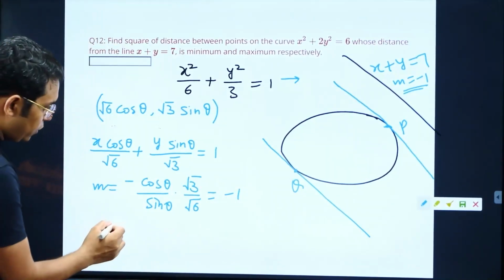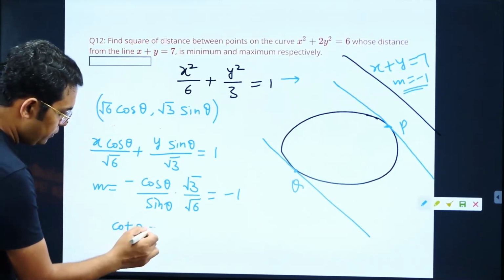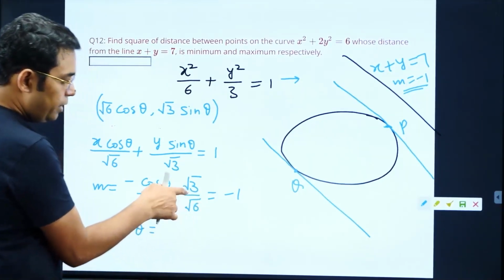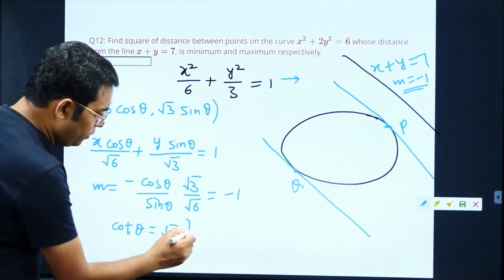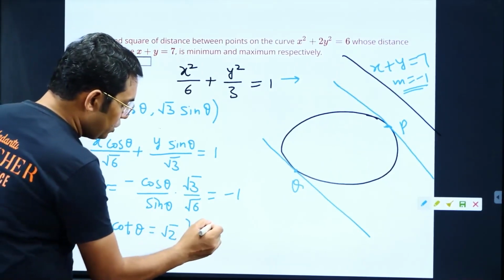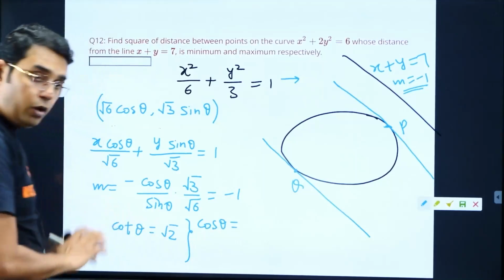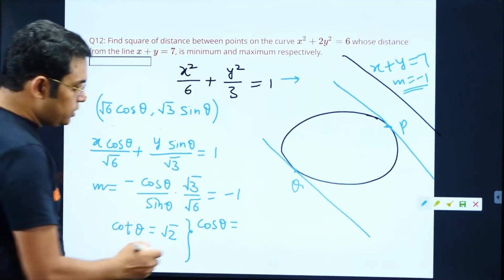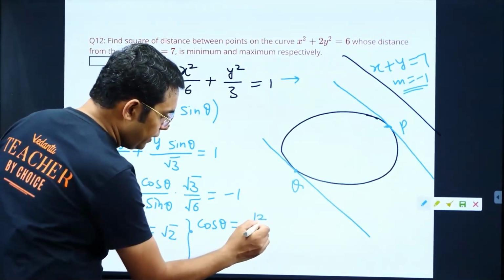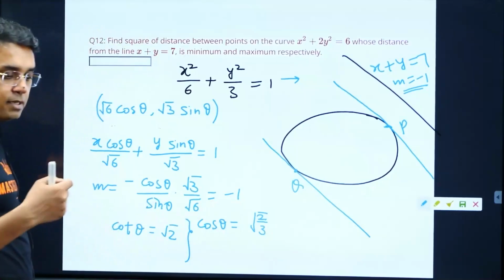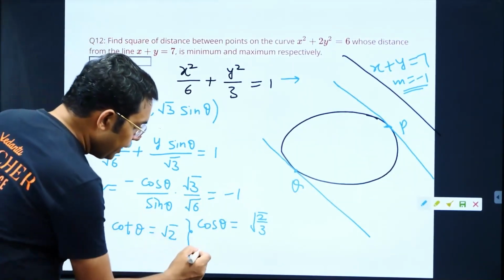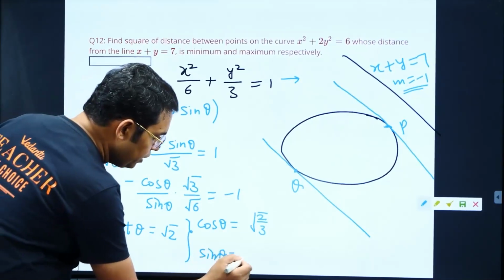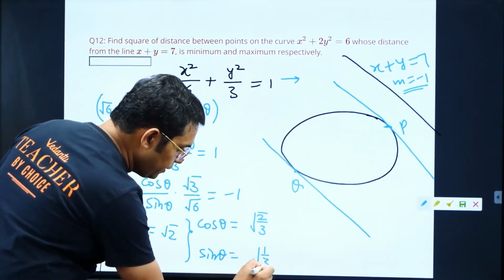From this we get cot theta equal to root 2, since root 3 cancels with root 6 to give root 2. So cos theta will be equal to root 2 upon 3, since cot theta is base upon perpendicular, and sin theta will be equal to root 1 upon 3.